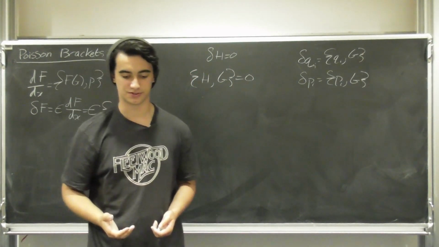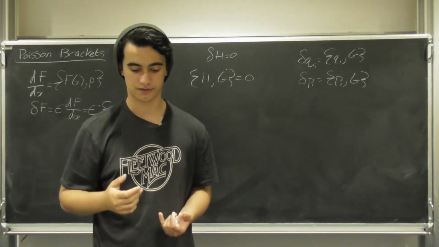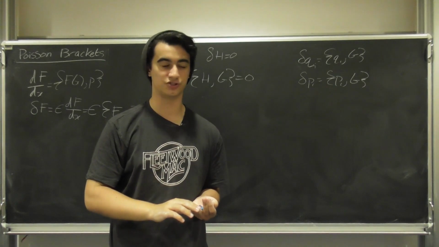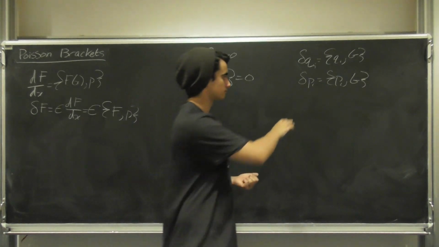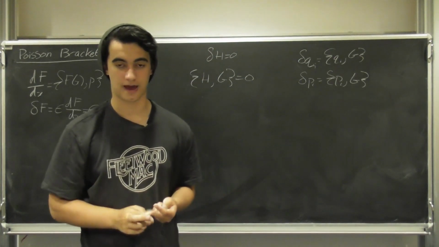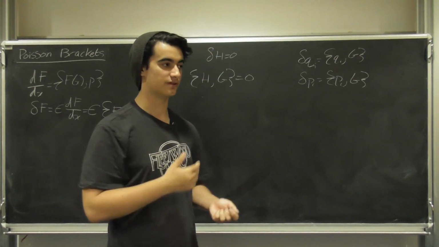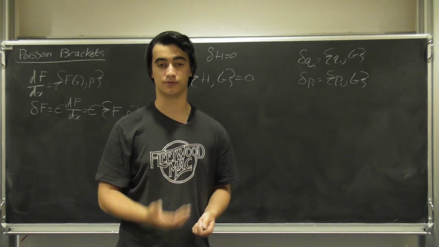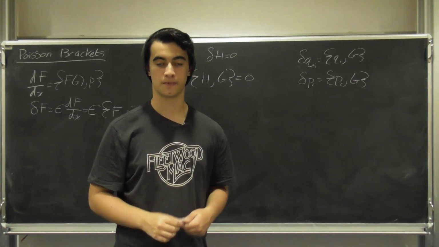And so this one Poisson bracket tells us how H changes under G, and how G changes with time. And so if the energy is conserved, this will equal 0.